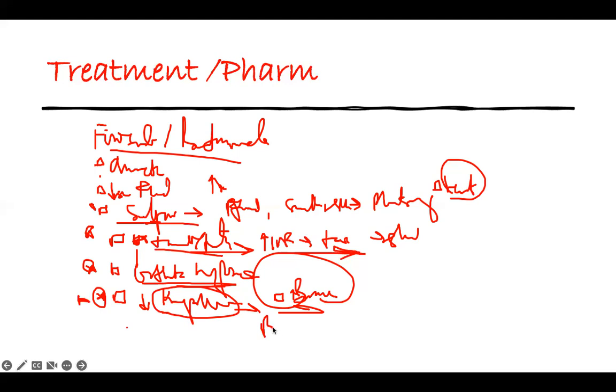Hypokalemia has cardiotoxicity, cardiac arrhythmia. So anybody on Lasix or furosemide, you should check their potassium. One thing I need to tell you: with a sulfur drug, the sensitivity is not that bad, but they can develop something we call Stevens-Johnson syndrome.